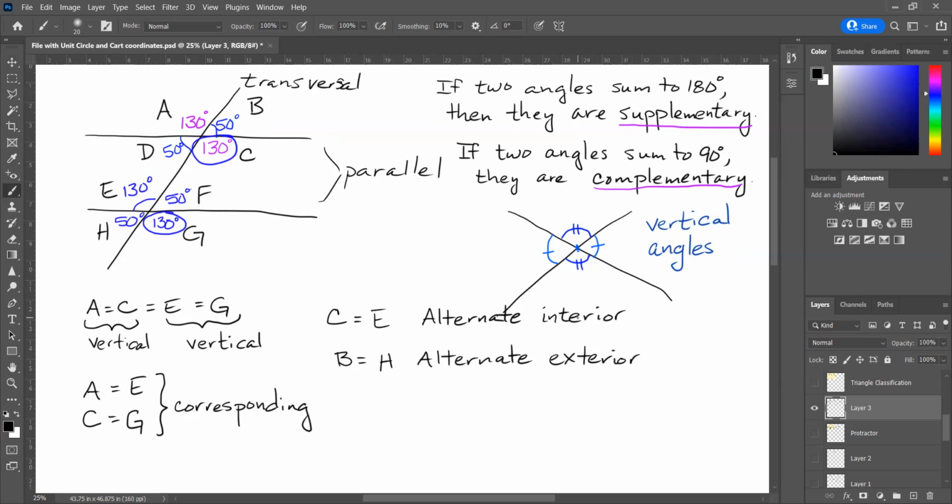So if they're on the alternate sides of the transversal, but between the parallel lines, they're alternate interior, therefore D equals F and C equals E. If they are alternate sides of the transversal, but outside of the parallel lines, they're alternate exterior angles. So A equals G and B equals H. We've got all these fancy names to say that angles equal each other. But the quickest, shortest, fastest way to remember it is the big angles equal each other and the small angles equal each other.